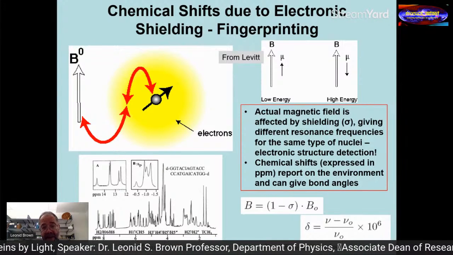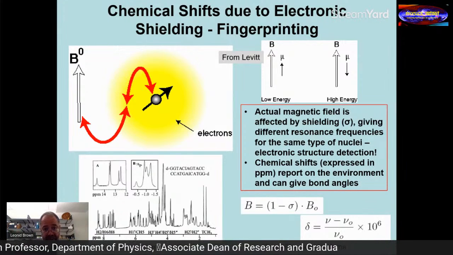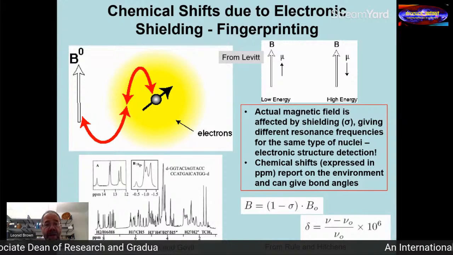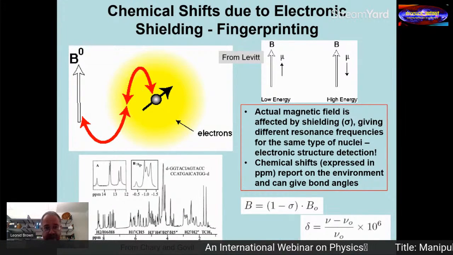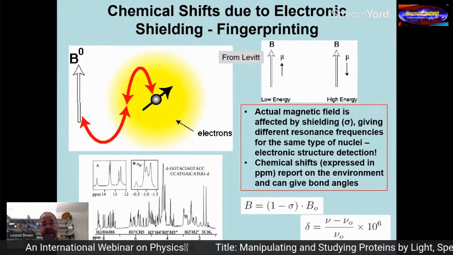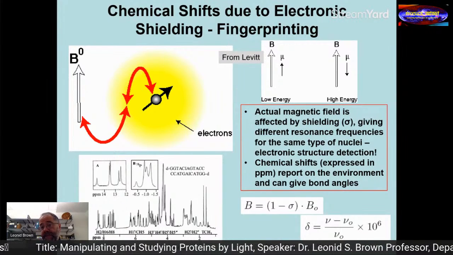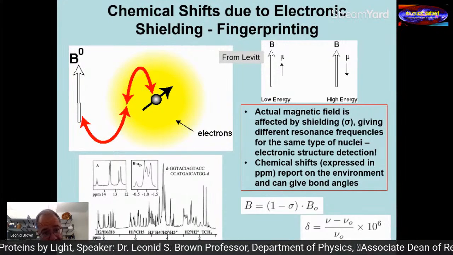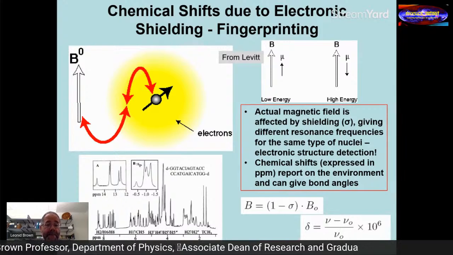As you remember, the principle of NMR is that we put molecules in a very strong magnetic field, B naught, and then spins, carbon-13, nitrogen-15, and protons, orient against or along the magnetic field. And the energy difference can be probed by supplying radio frequency pulses, which come into resonance with this energy gap.